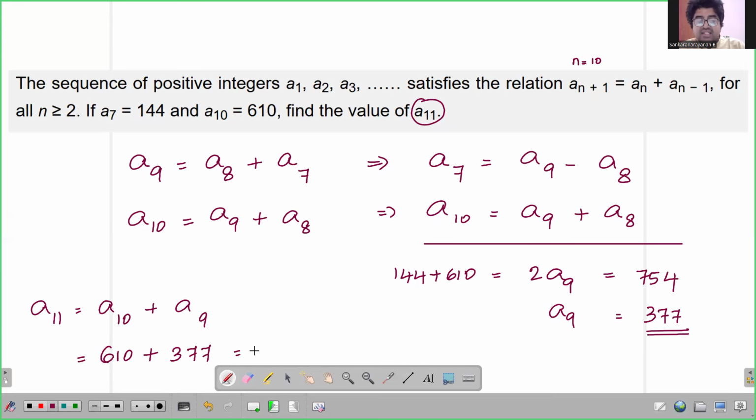Add them, 377 plus 610, the total comes to 987. In the question, you are asked to find the value of A11, so my final answer comes as 987. Okay, that's for this question.